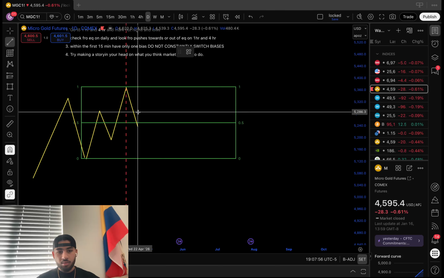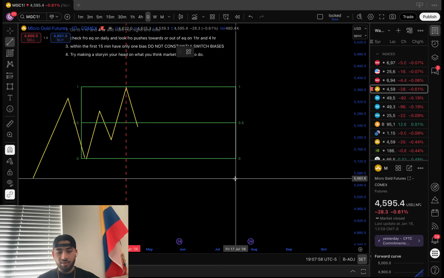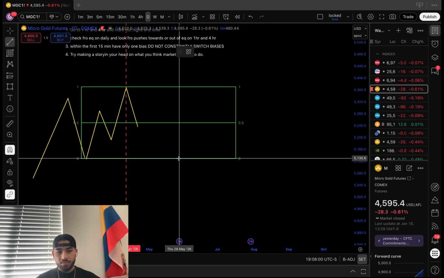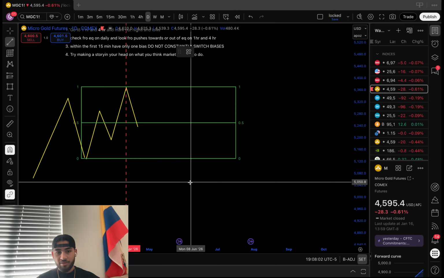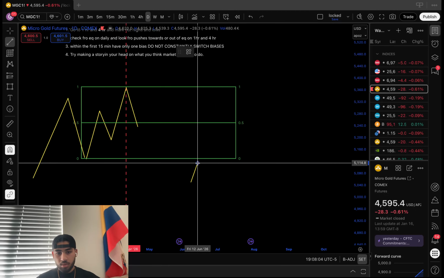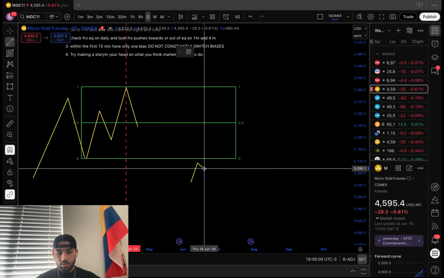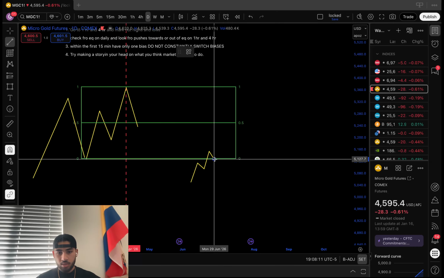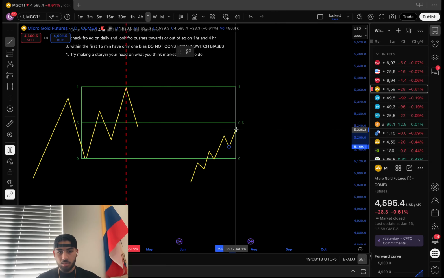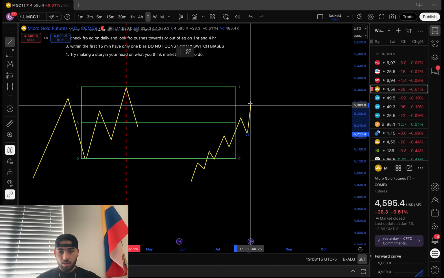The hourly is looking like this before market opens. We just have push up, push down, push up, push down, push up, push down, push up.